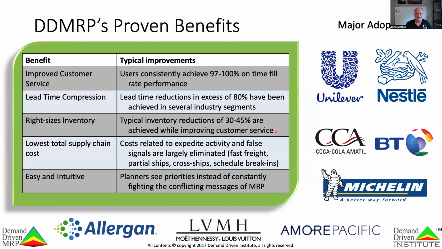DDMRP's proven benefits, typically we end up between 97 and 100% on-time fill rate. So the customer is happy. We compress the lead time, sometimes in excess of 80%, but let's just say we cut it in half. Wouldn't your customer be happier with a shorter lead time?